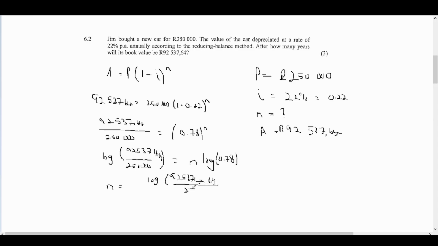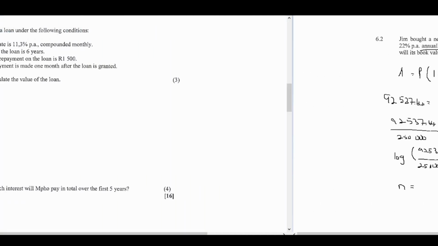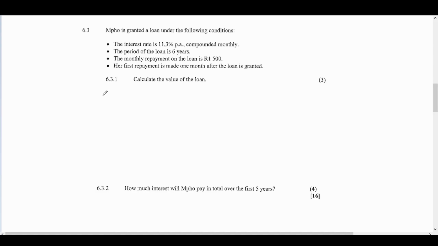Divided by 250,000, all divided by the log of 0.78. There's all numbers here, so you type this in your calculator, which equals 4, which is in years. And we know that it's in years because of the annual depreciation.